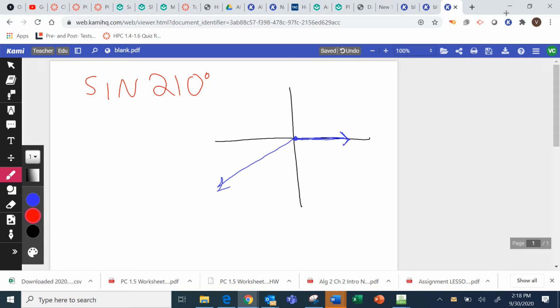So what we have is we're starting at 0, 0, and we go x, then we go y, and that's our xy right there. This makes a 30 degrees reference angle. And that is the triangle that we would use. So if you need the numbers, you would start putting the 1, the 2, and the square root of 3 around here. But I'm really asking you, what's the sine of 30 degrees?